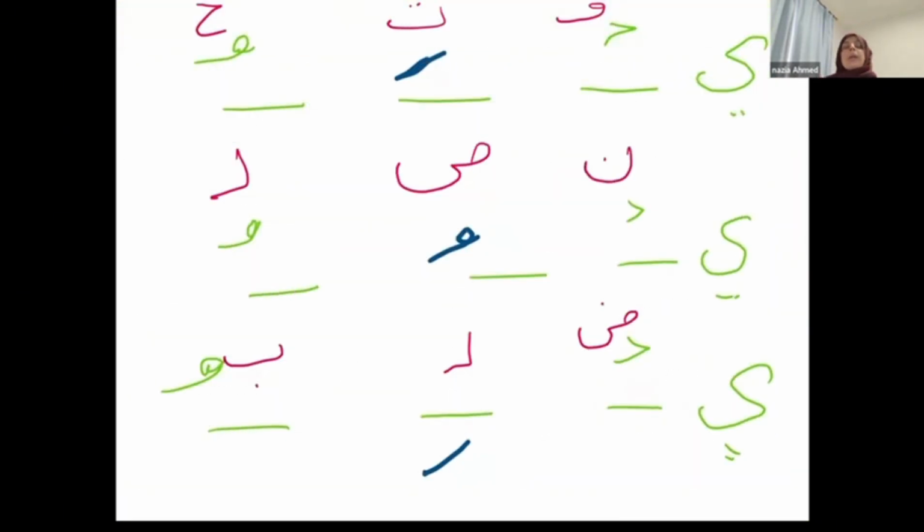Now, in mudare, again, we have three molds. And again, all the change is taking place on kalima ain, the middle letter. We don't add prefix when we're adding the letters. All the change is taking place on kalima ain.